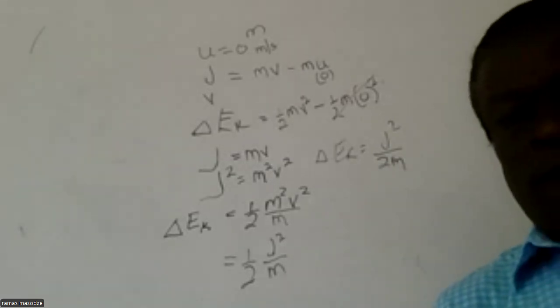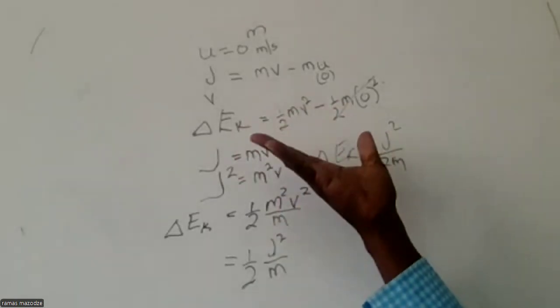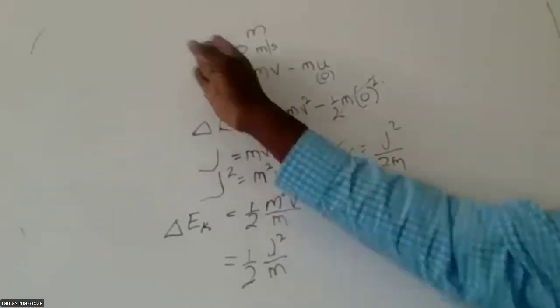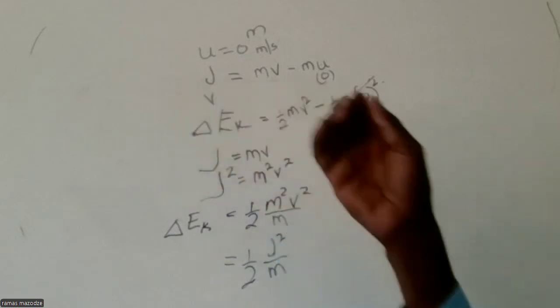Very good. Well done. There was another almost similar question, where the initial velocity was 0 and the final velocity was v.